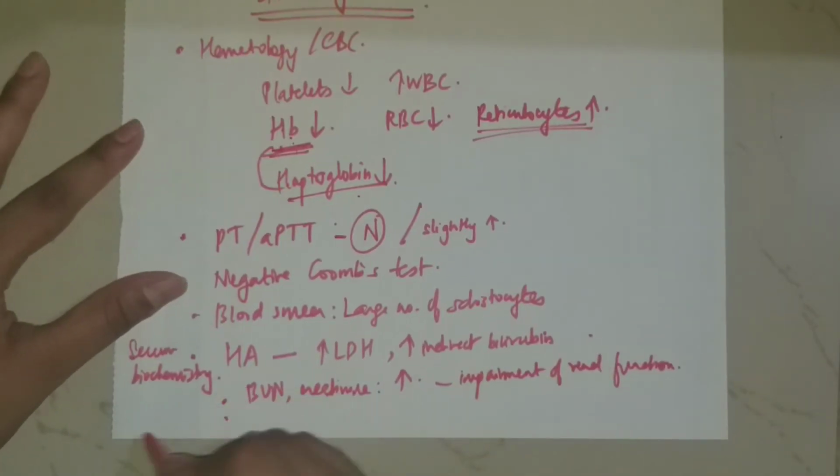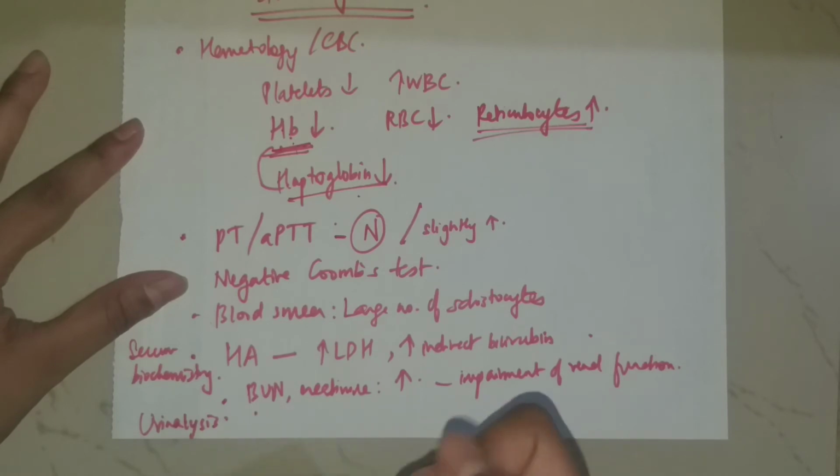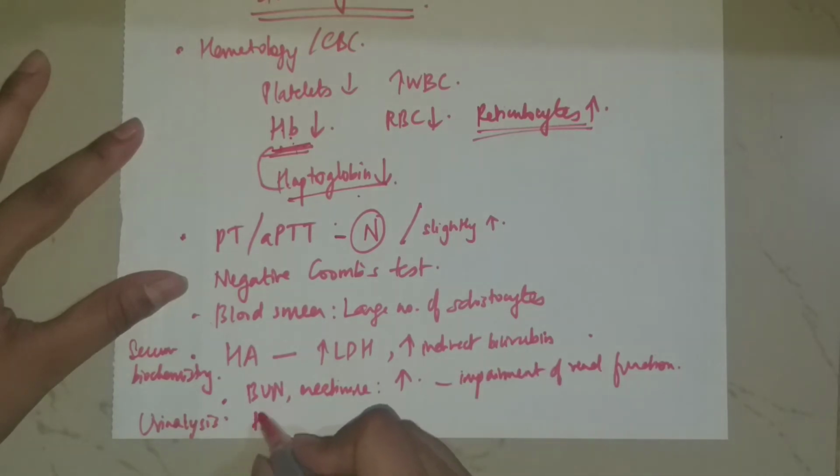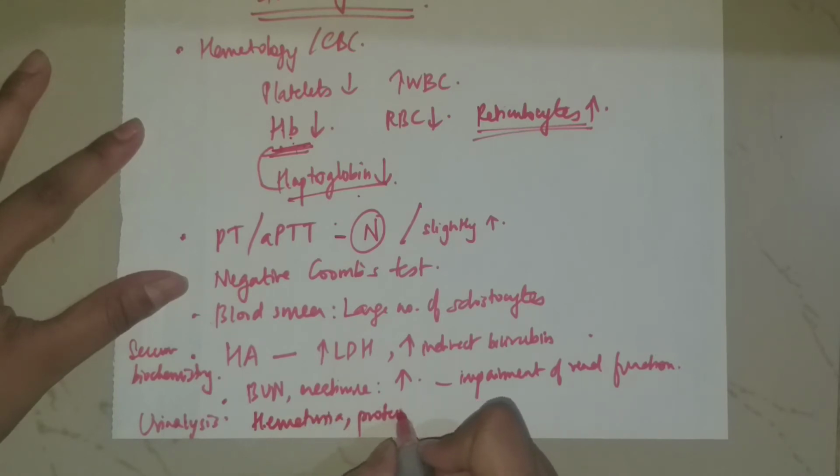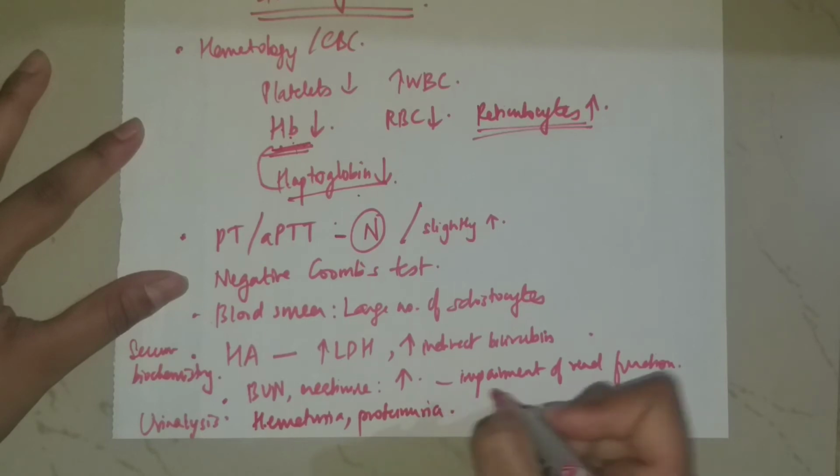Also, one more important thing that must be done is urine analysis. I told you, right, because the kidney is affected, there is hematuria or proteinuria, which can be found in the urine.